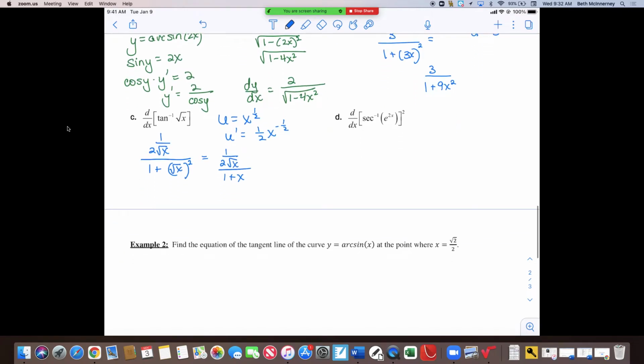Now this would very likely be multiple choice, and there's no way that's going to be my answer. So what this means is I have 1 over 2 square root x times 1 over 1 plus x. So that's 1 over 2 square root x times the quantity 1 plus x. So we do need to be careful and comfortable with simplifying.